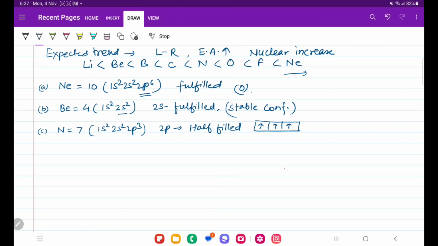So it is a completely half filled structure, which is again a stable configuration, so its electron affinity is also less. But as there is space in nitrogen for 3 extra electrons, it has a tendency to accept an electron. So its electron affinity is more than beryllium.